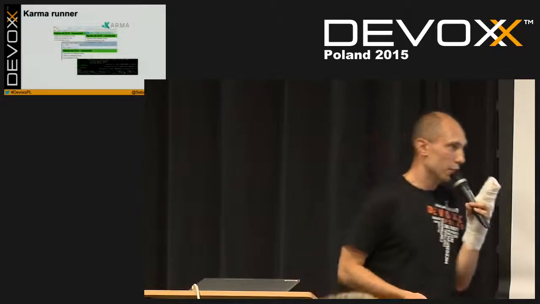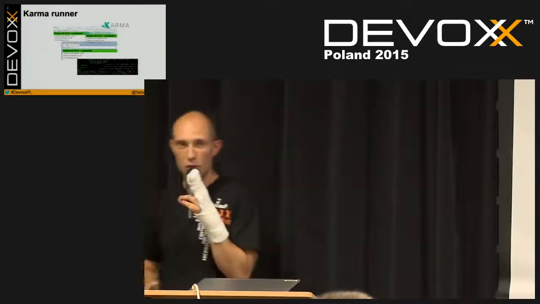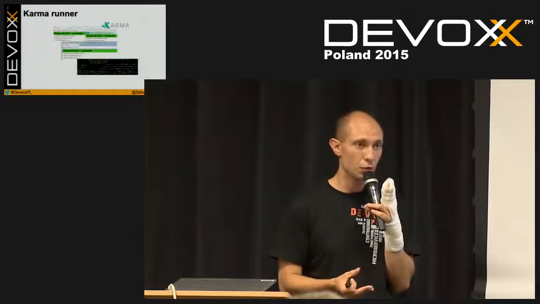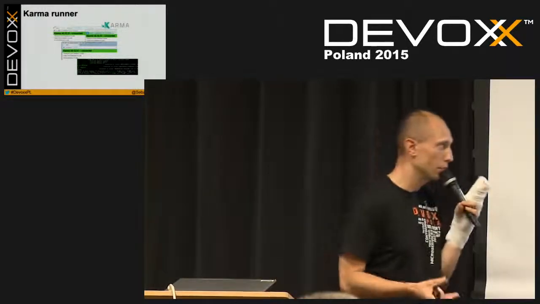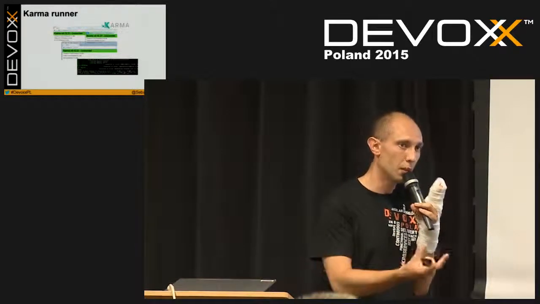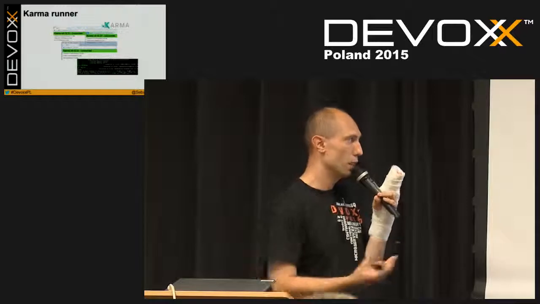When we have the test ready, we would like to start it somehow, and in the JavaScript world we have two options. We can run it in a headless solution, one of many available, or we can run it in a real browser. Karma gives us the opportunity to run tests in both of them, but I would like to present my preferred one.